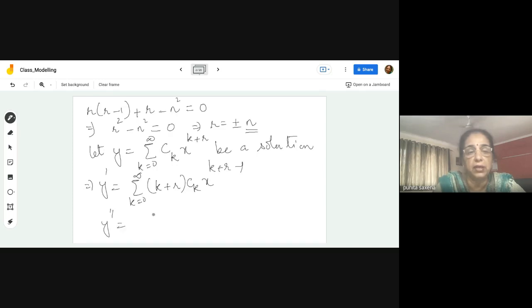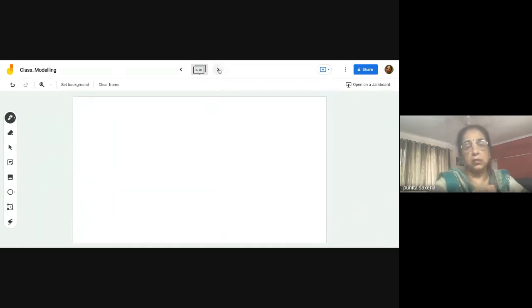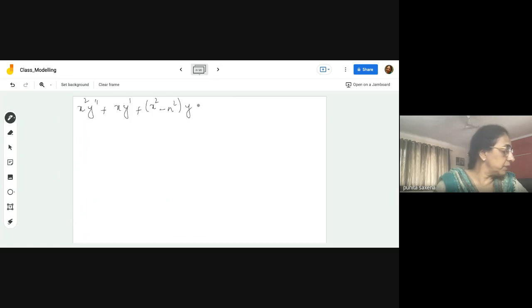And your y'' will be the summation of (k + r)(k + r − 1) c_k x^(k+r−2), again k from 0 to infinity. Now substitute in your differential equation. Your differential equation was x² y'' + x y' + (x² − n²) y = 0, right?